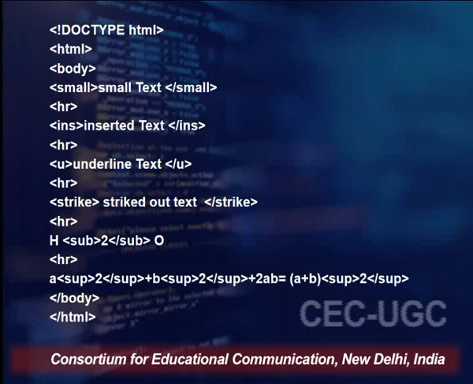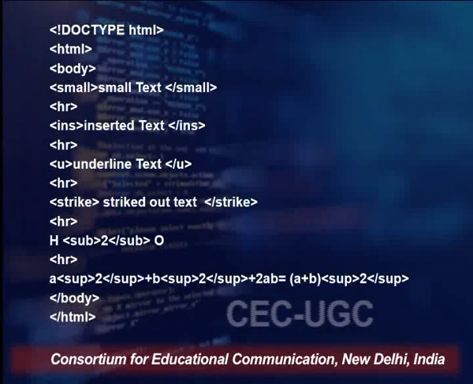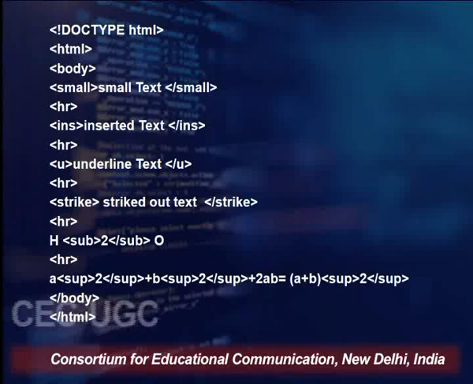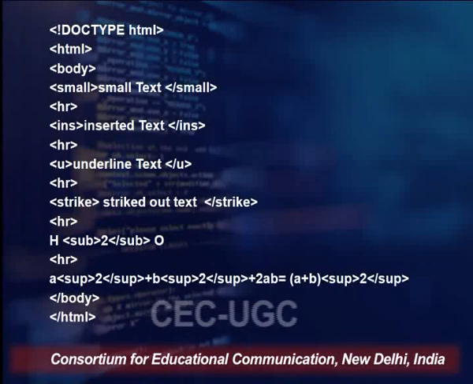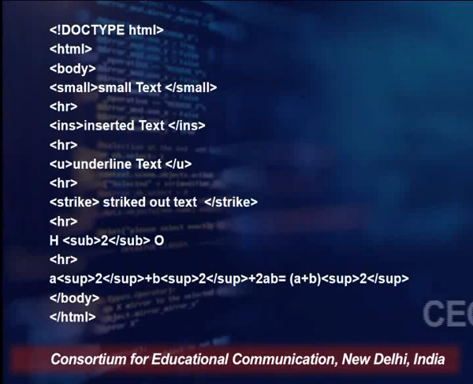Then we write /sub, which is the closing of the subscript text. That means only 2 is going to be written as the subscripted text, and then we have written O. So H is normal text, O is also normal text, but 2 is inside the subscript tag.